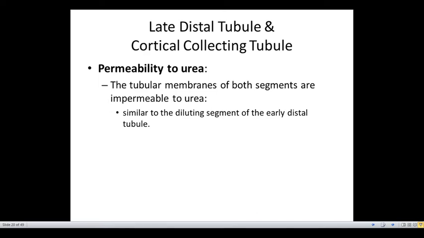Regarding the permeability to urea, the tubular membranes of both segments are impermeable to urea, and this is similar to the diluting segment of the early distal tubule.